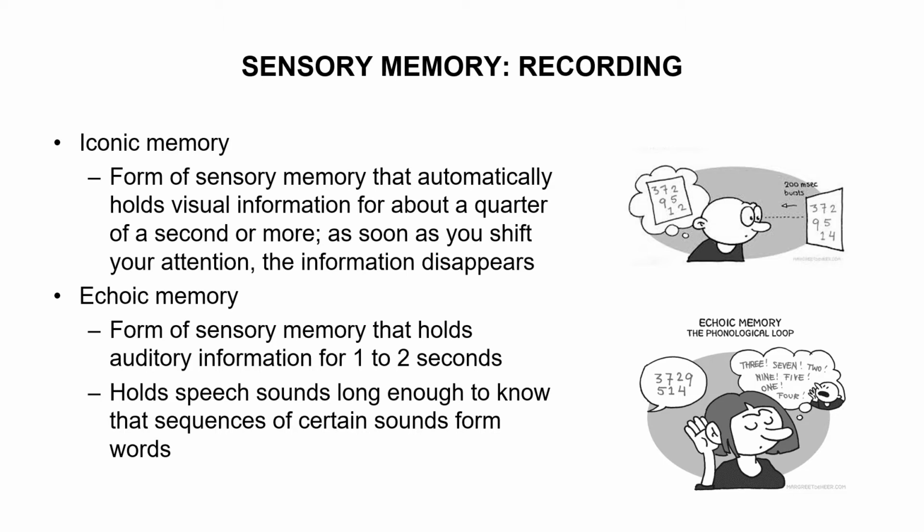If we didn't hold things in echoic memory the way we do, then you wouldn't be able to recognize a long word as being all part of one word. If it's just brief pieces of information, we wouldn't be able to tie them together from the beginning to the end. So that's why echoic memory especially has a longer duration.